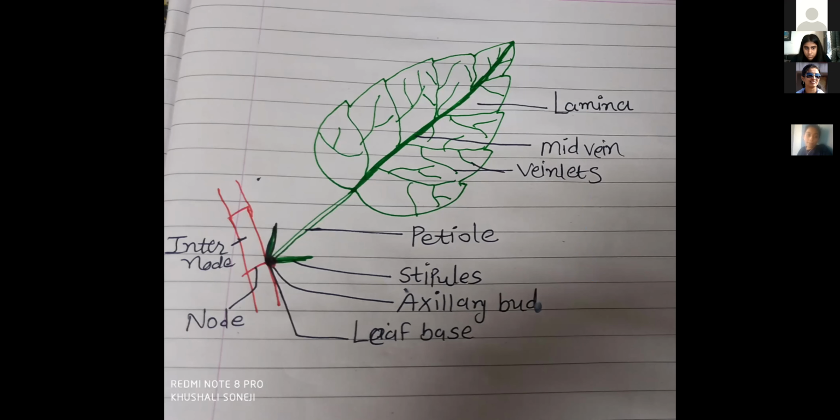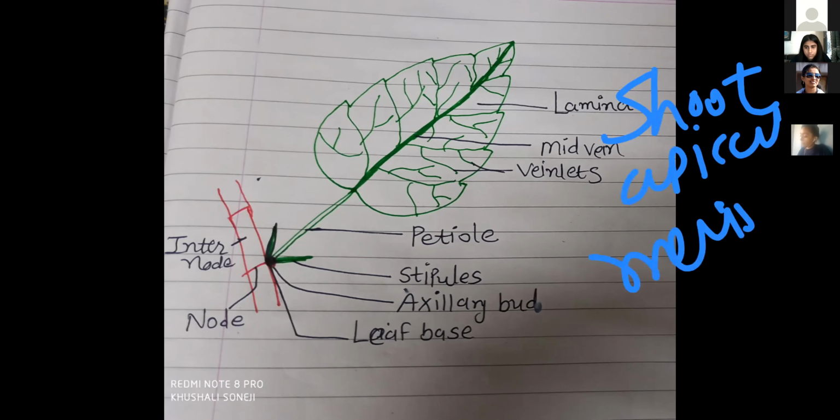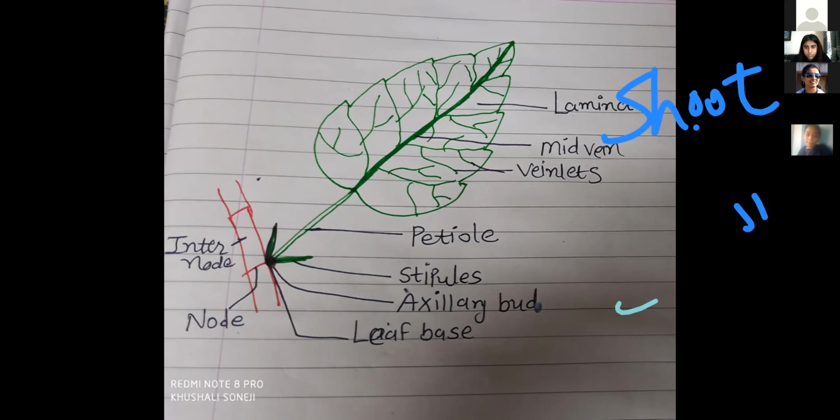How the apical meristem forms a leaf, we will study in the next chapter. That's the anatomy, in which a detailed study of the apical bud and axillary bud is given, so you can easily understand. But for the time being, remember, leaves originate from shoot apical meristem or stem apical meristem, right?